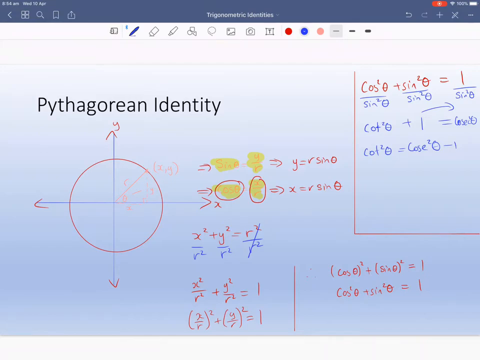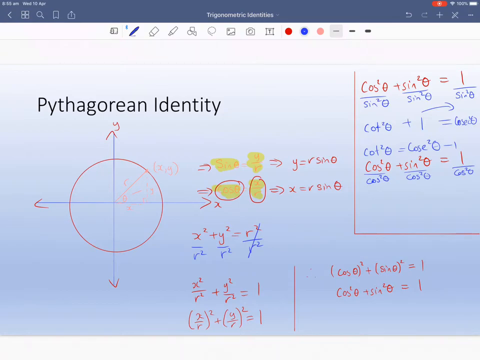All right. Okay, now the second one that we do is actually pretty much the same thing. If we use this one again, but instead of dividing by sine squared theta, I'm going to divide everything by cos squared theta.